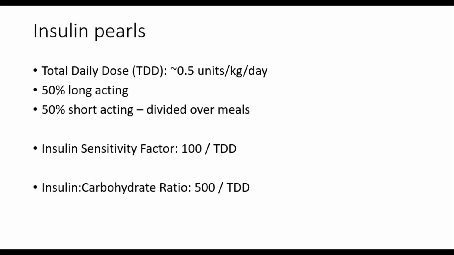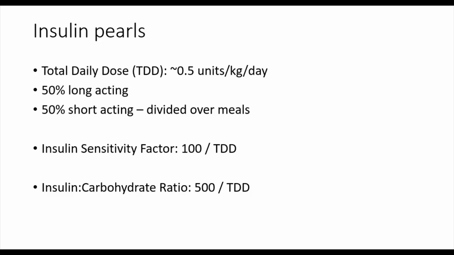So the first TDD calculation is useful for starting a patient on an insulin regimen because it estimates how much long-acting and how much short-acting the patient will require. The insulin sensitivity factor is useful when you're trying to treat a patient with hyperglycaemia because it allows you to estimate how much short-acting insulin is required to get the patient's blood glucose level back down to a normal target range.